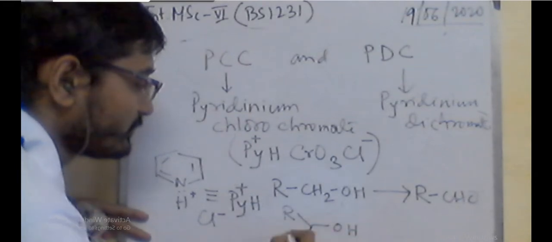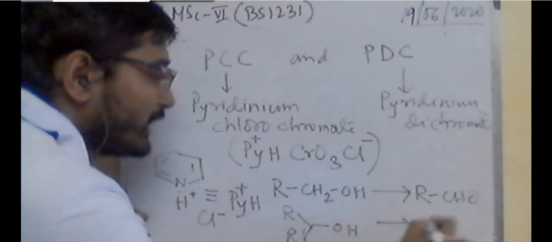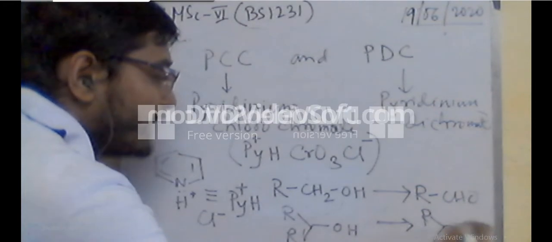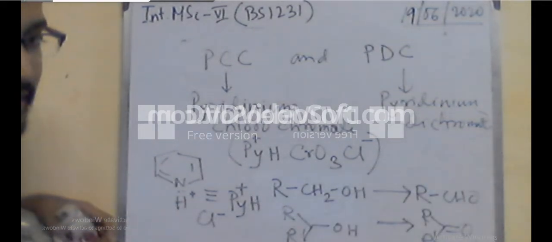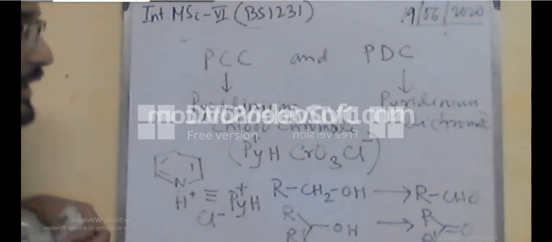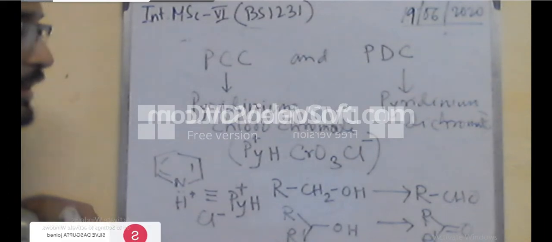You can't isolate this step. So that's why you have to use some controlled oxidizing agent, and the example is pyridinium chlorochromate, which can restrict the reaction in this step. So this is the controlled oxidation pathway, and the activity of both reagents is the same, but the difference is only in their composition.